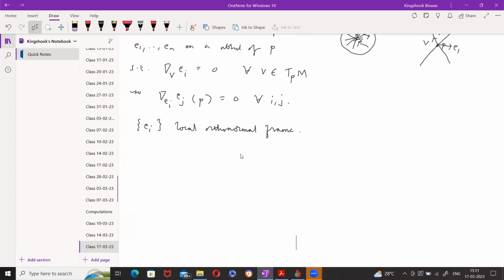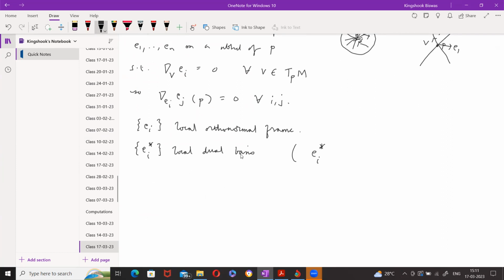Fine. So let E_i star be the local dual basis. All right, so what is E_i star?